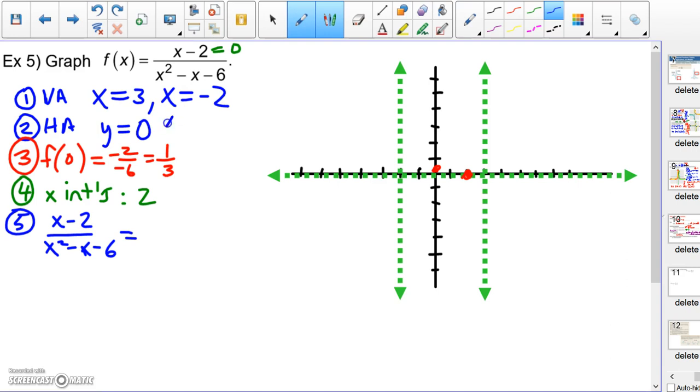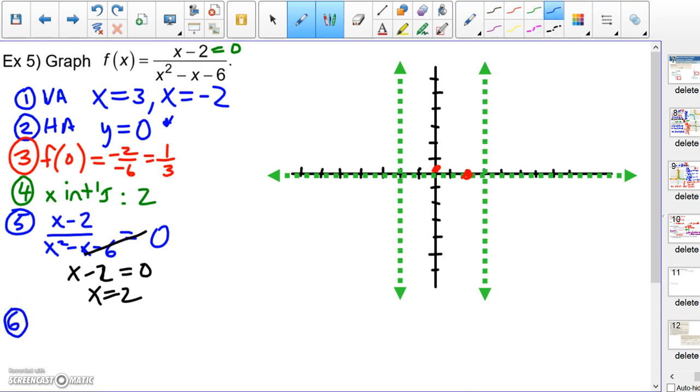In this case, that's this 0 right here. We just found where the function equals 0 in the last step. If you cross multiply, that's going to give you x minus 2 equals 0. Add 2, you get x equals 2. So that x-intercept happens to be where this graph is going to cross the horizontal asymptote.